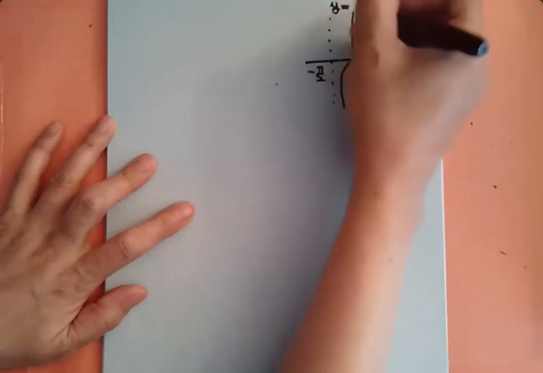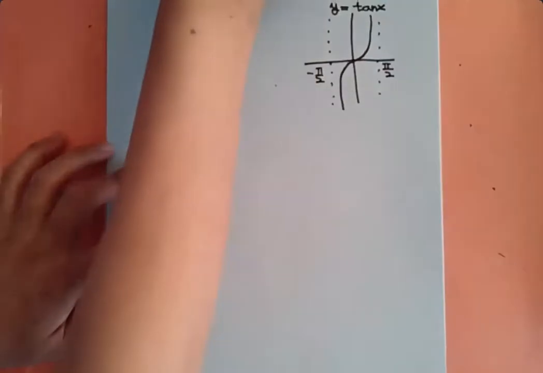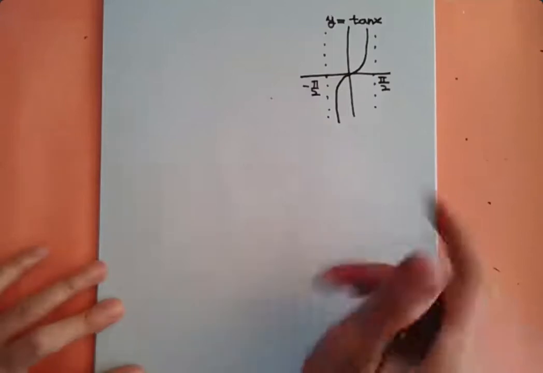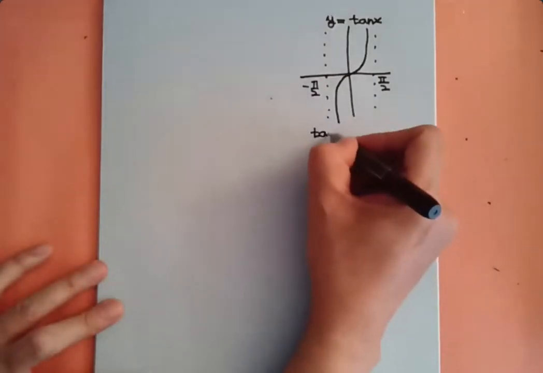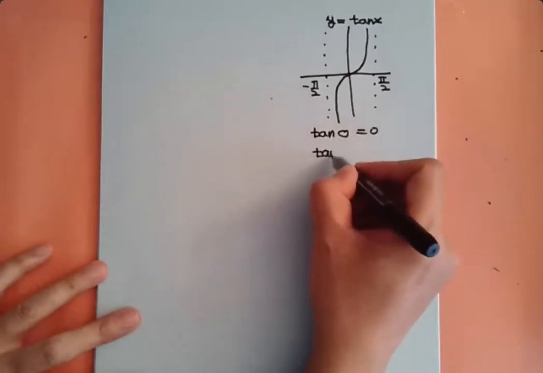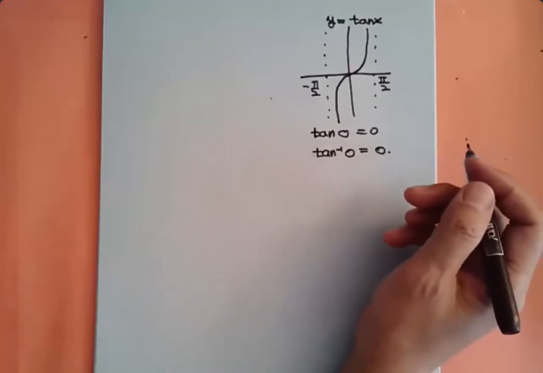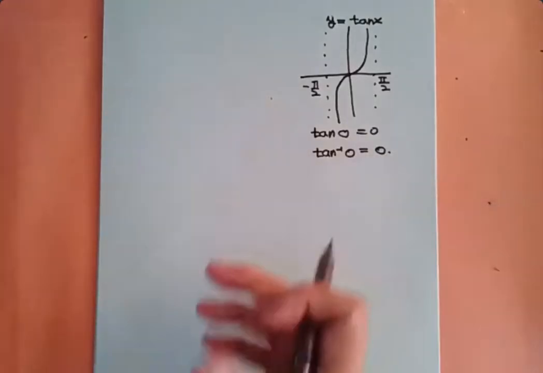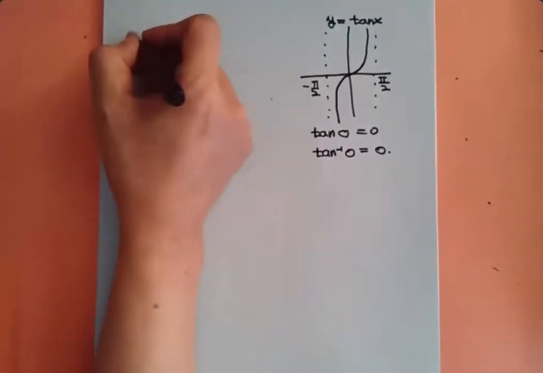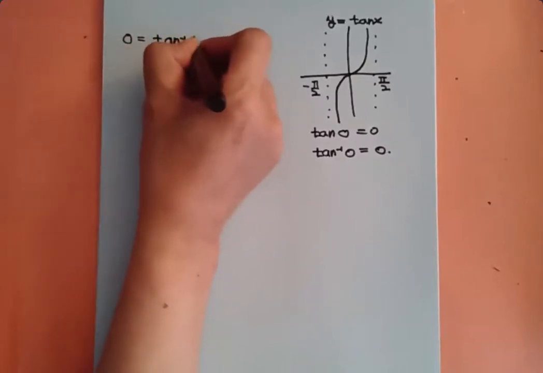This is the graph of tangent, y equals tangent of x. So we know that tangent of 0 equals 0. Therefore, tangent inverse of 0 equals 0. So we can apply that to here. Then we know that 0 is tangent inverse of 0 from here.